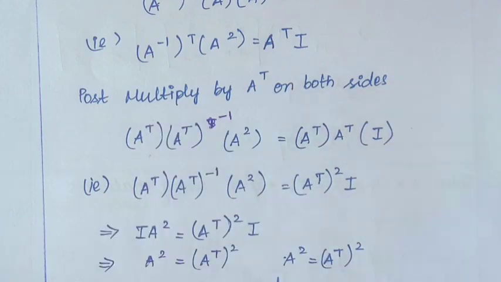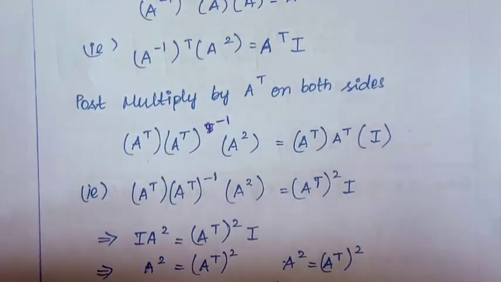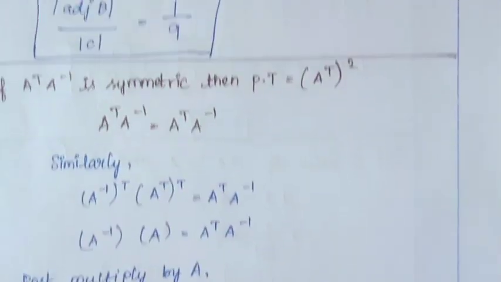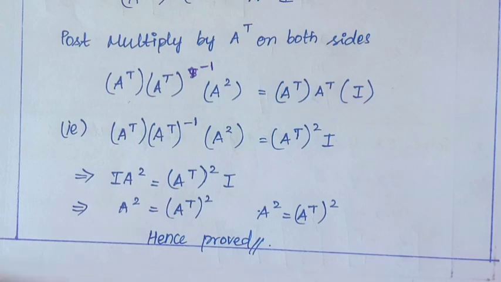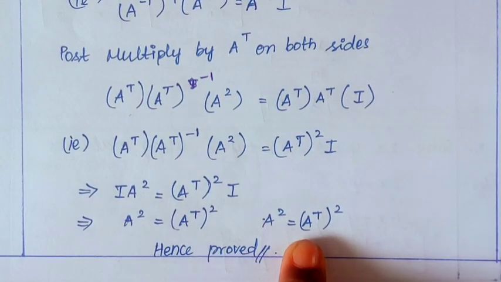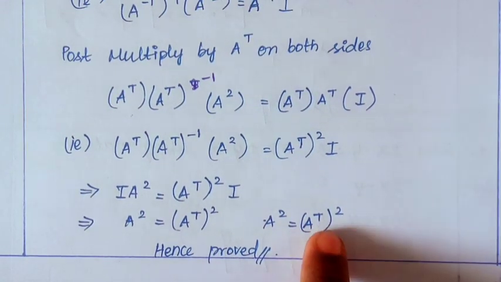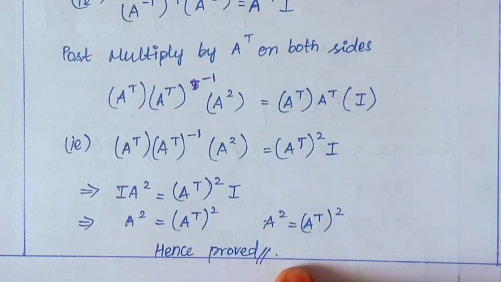It is given to prove that (A^T)^2, so we have proved it. A^2 is equal to (A^T)^2, hence proved. So second question is completed.